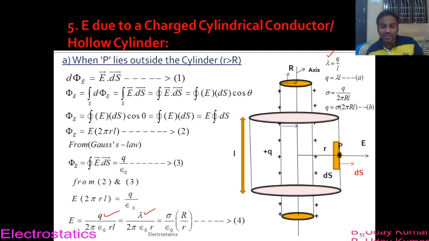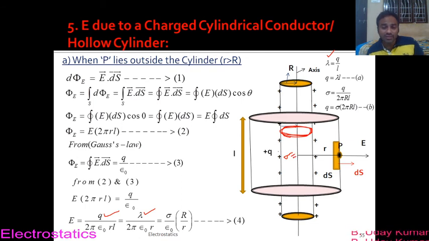Similarly, whatever charge is given to this charged cylinder is uniformly distributed on its curved surface area. The sigma of this charged cylinder is charge per unit area, right?